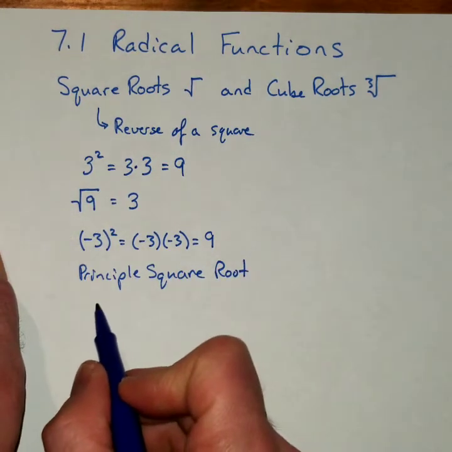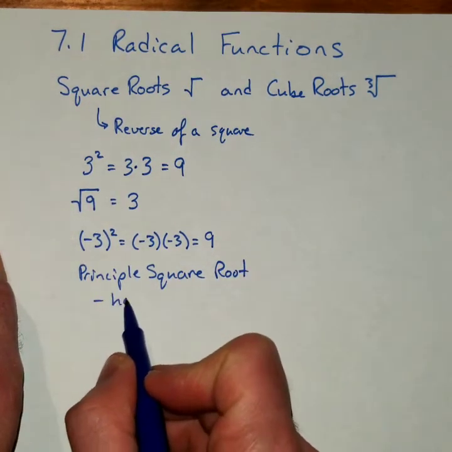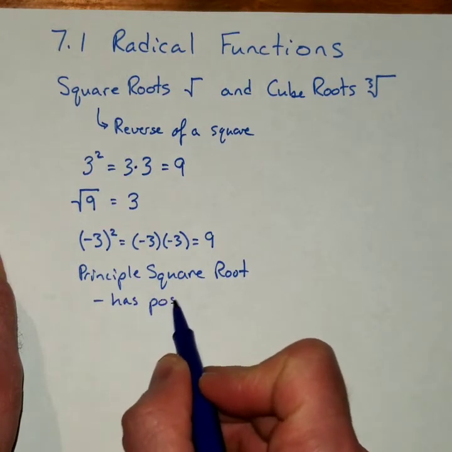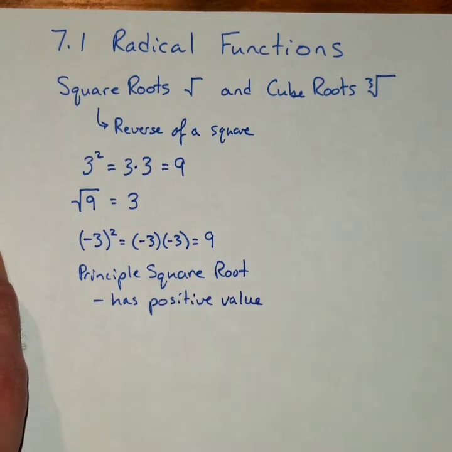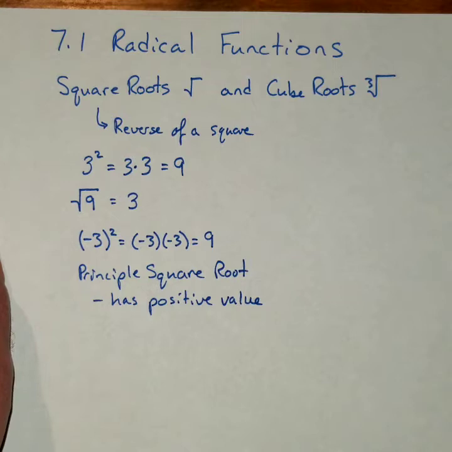Okay, so it has a positive value. It could also be 0 if we did the square root of 0, but I'm not going to really focus on that one. So we'll just consider the positive ones as the principal square root.